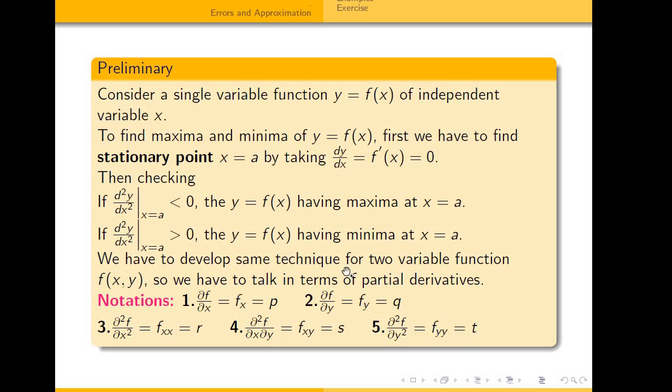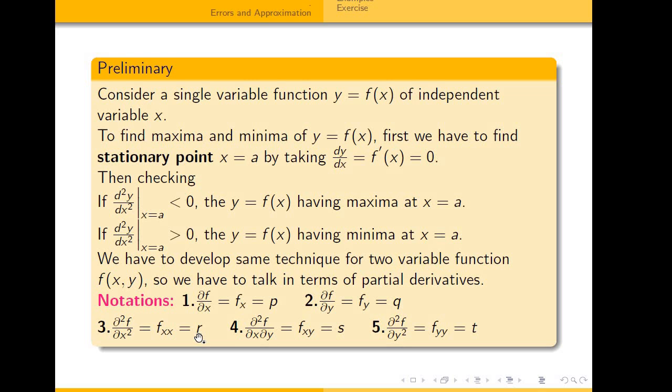Before going towards the proof of how to find maxima and minima for this two variable function, we will compare using our single variable function. We know that for the single variable function, if the double derivative of y with respect to x is less than 0, we have maxima, and if greater than 0, we have minima. Here also I take the double derivative of this function with respect to x. This is your r.